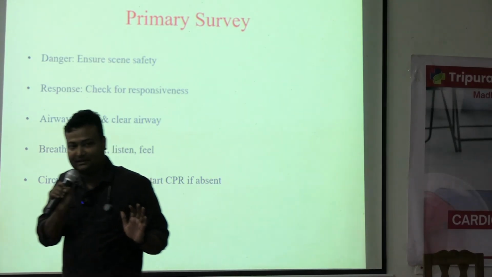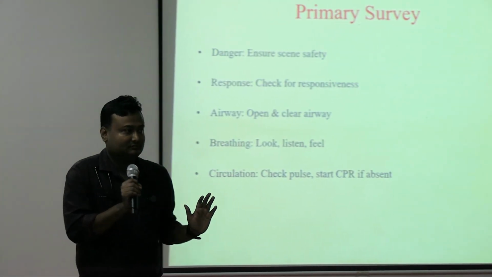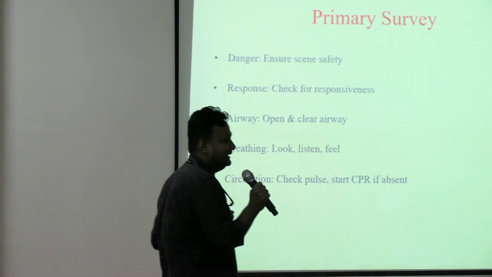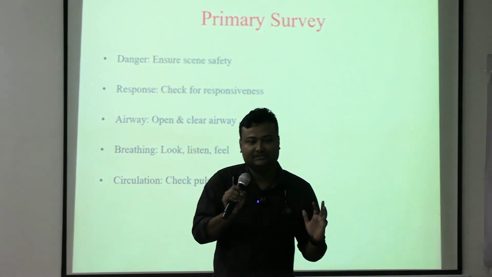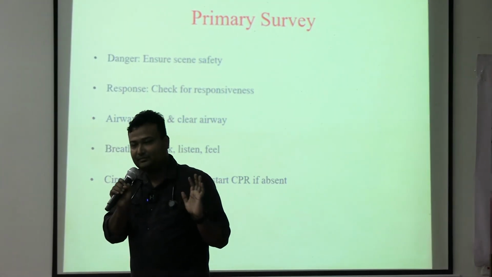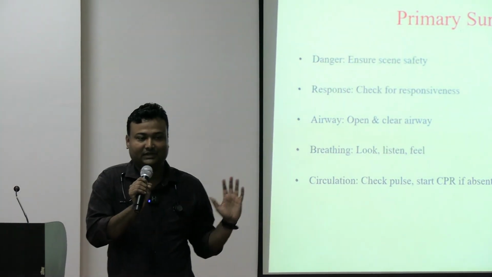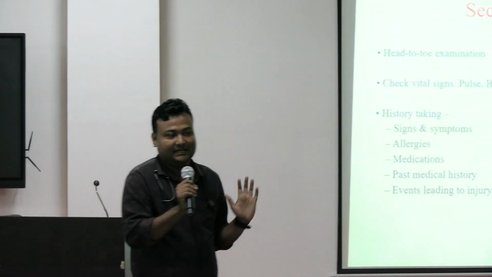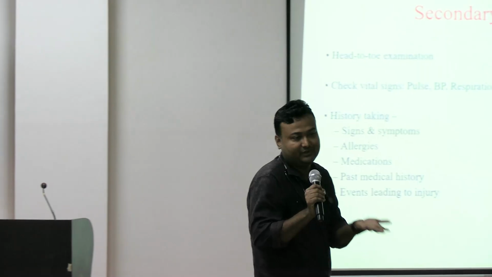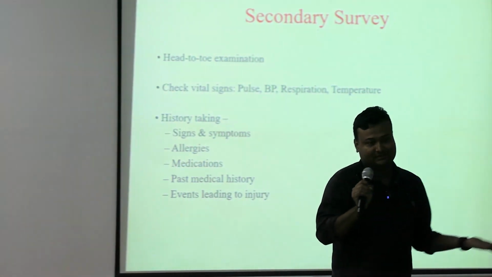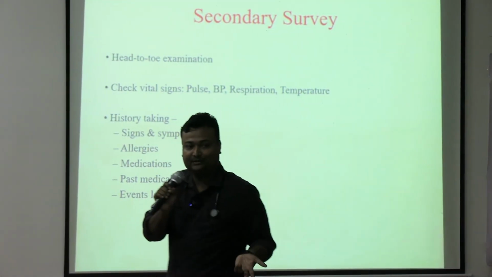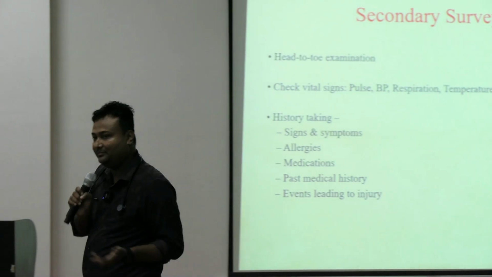So the second thing is consciousness, responsiveness, and then we go for ABC: A for airway, B for breathing, and C for circulation. This will remain with you for the rest of your life. Like A for apple, B for ball, and C for cat, what we learned from childhood. Now it is A for airway, B for breathing, and C for circulation.